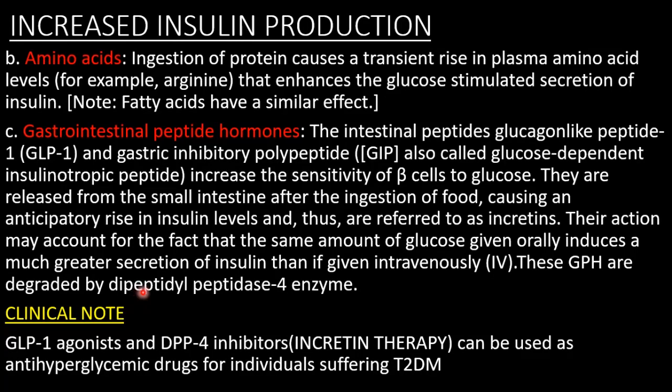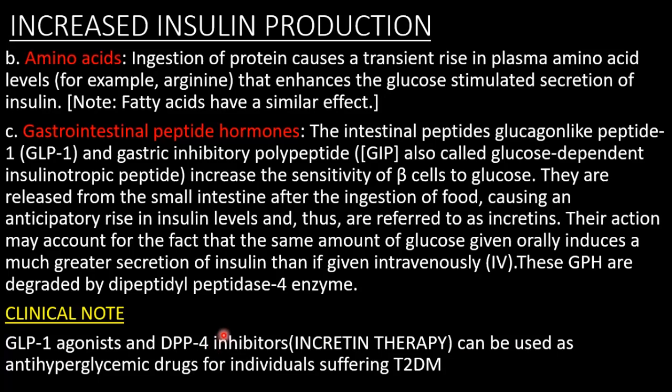Now, clinical note. We have drugs known as GLP-1 agonists or analogs, and also others known as DPP-4 inhibitors. These are used in incretin therapy, as antihyperglycemic drugs for patients suffering from type 2 diabetes. Examples of DPP-4 inhibitors include sitagliptin.